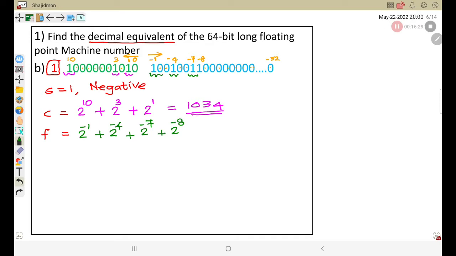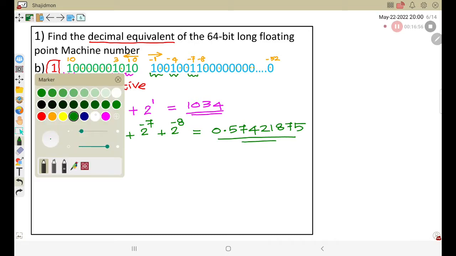Because it is binary we take 2, as we only have two options, 0 and 1. You can calculate this on your calculator and you will get 0.57421875. This is the fractional part.